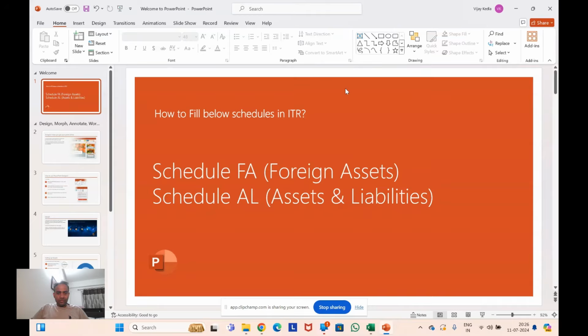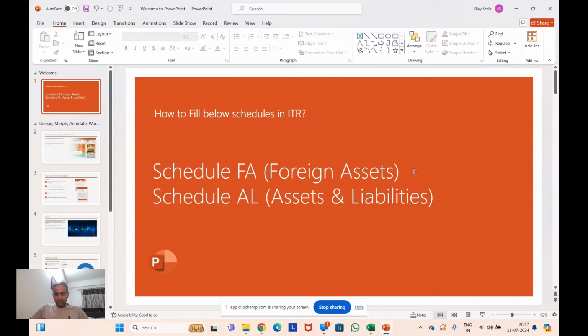I wanted to cover some important aspects related to ITR filing, which is Schedule FA, which stands for Foreign Assets, and Schedule AL, which is Assets and Liabilities. Schedule FA is very important if you are holding any foreign assets.